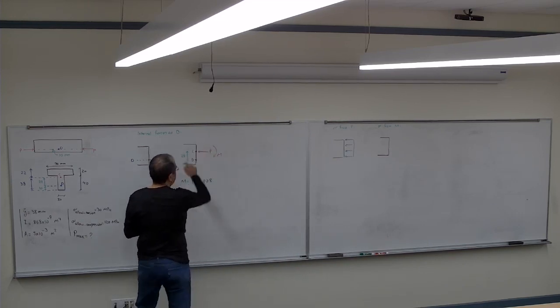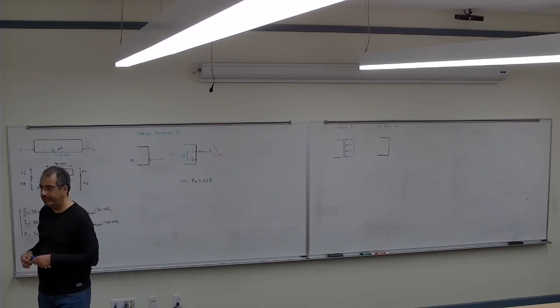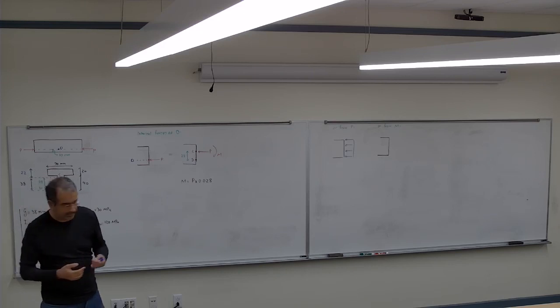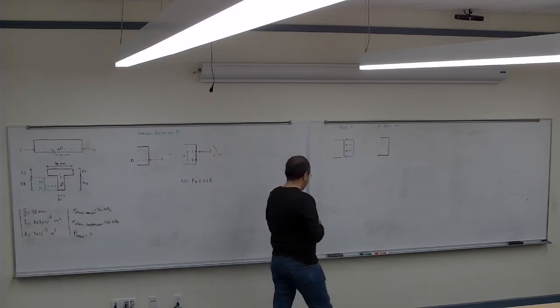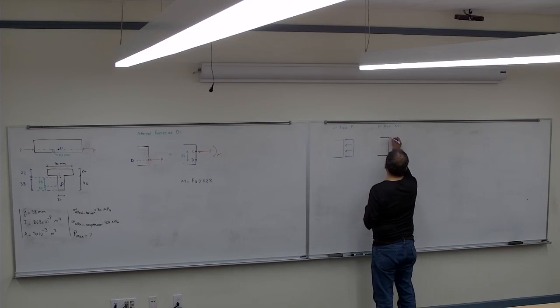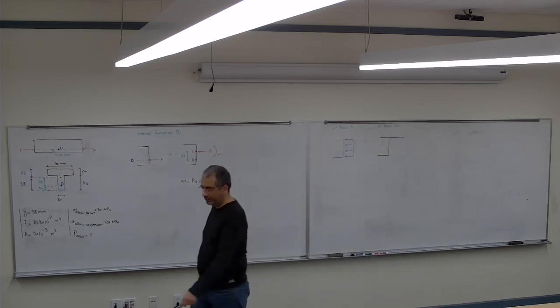So it's going to be tension on the top and compression at the bottom. So it's going to look something like this, the top and the values. So let me try.